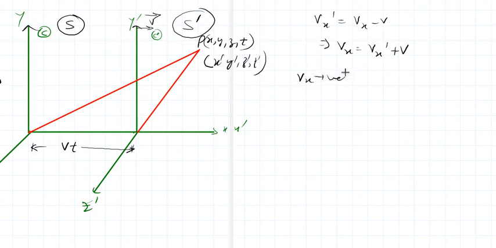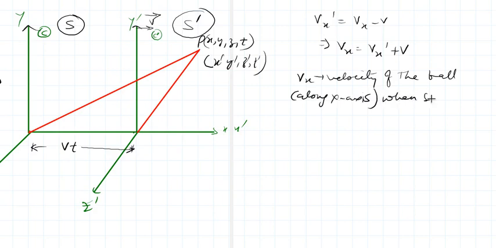Vx is the velocity of the ball along the x-axis when seen from the rest or stationary frame of reference.